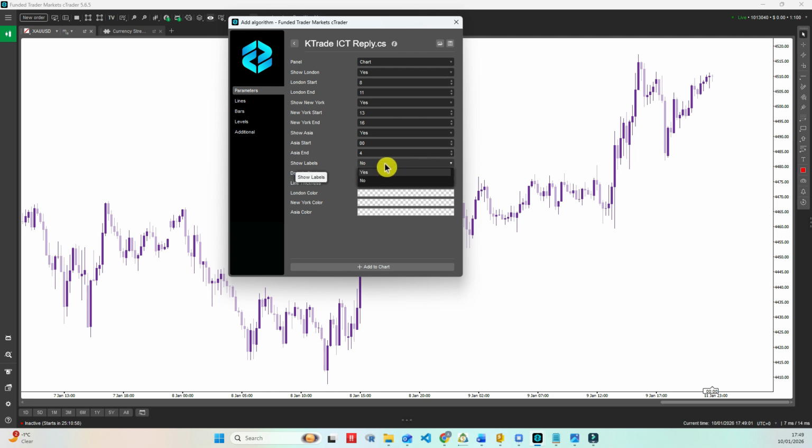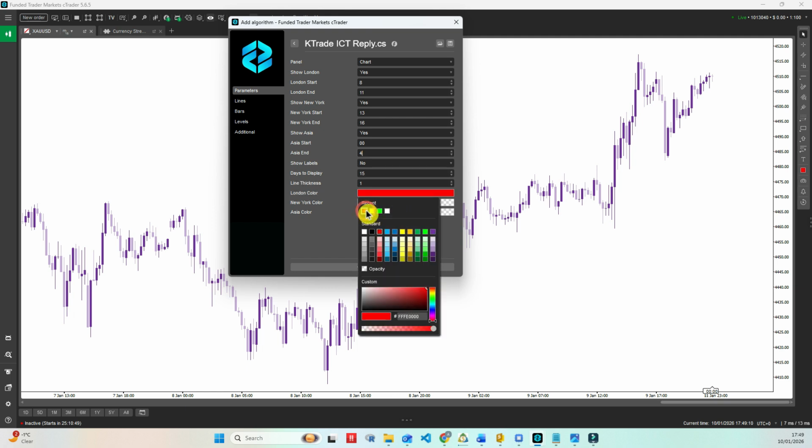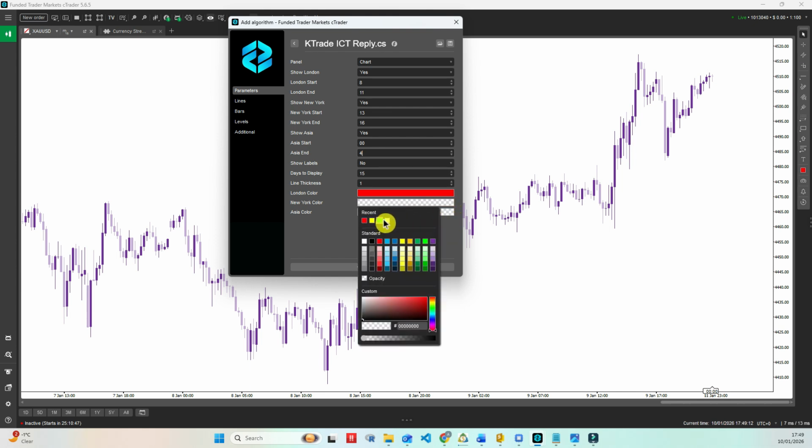But I prefer to keep it off, and the days to display to 15 days. In terms of color, let's use red for Asia. Let's use yellow for London.